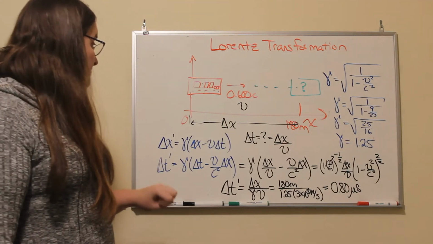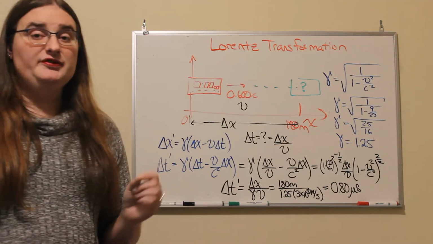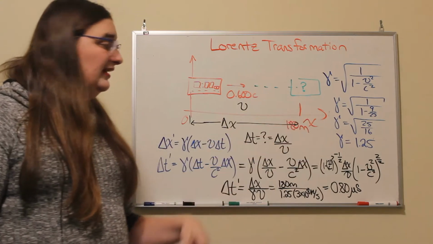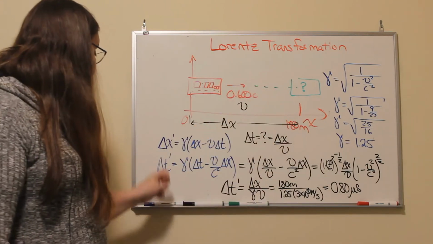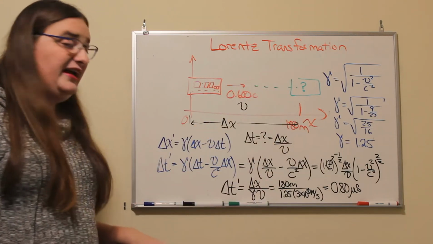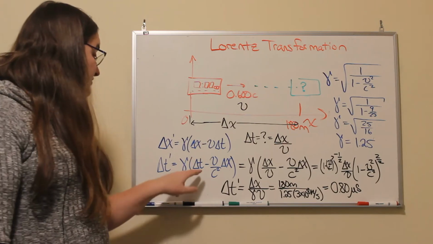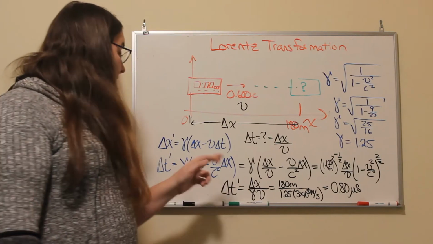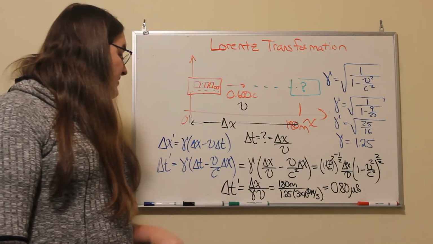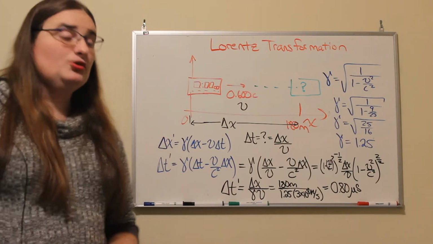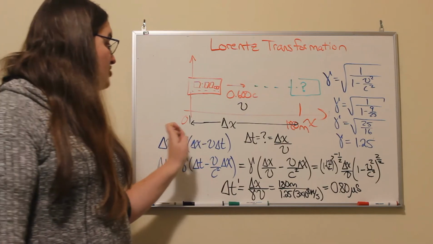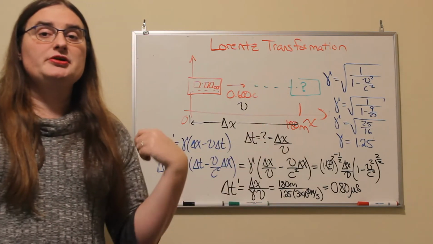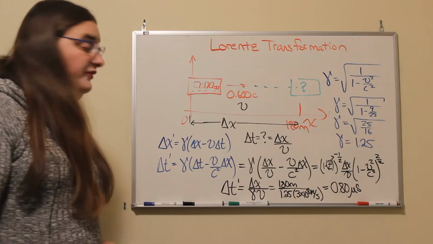And the time observed by the moving observer, which would be the time on the clock as it flies past, would be equal to gamma times the quantity of the time measured by the stationary observer minus the relative speed divided by the speed of light squared times the change in position measured by that stationary observer.